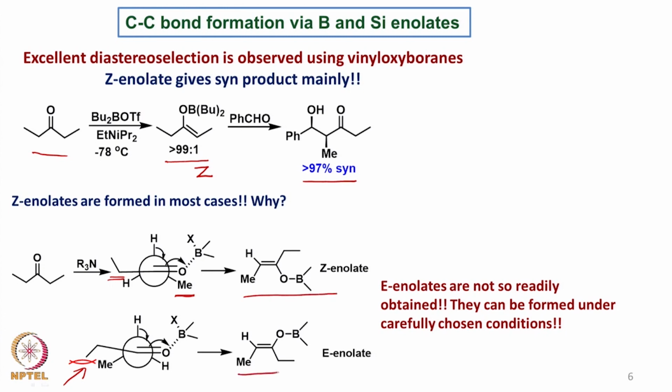Here you will get the E enolate, but E enolates are generally not easily obtained, and they have to be obtained under carefully chosen conditions. A lot of work has been done in this area, especially by David Evans, and also to some extent by H.C. Brown.